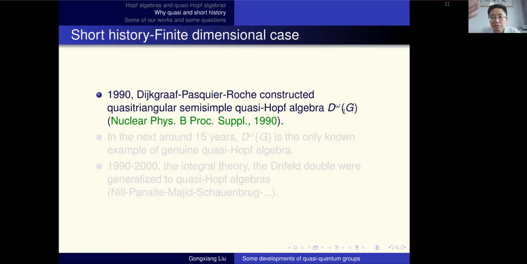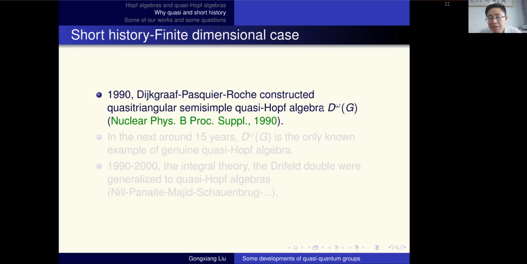Maybe you know D(G), the Drinfeld double of a group algebra. We know much about the Drinfeld double of a group algebra, but we know very little about what a quasi-Drinfeld double of the group means. Okay, these three mathematicians constructed such a quasi-Hopf algebra.